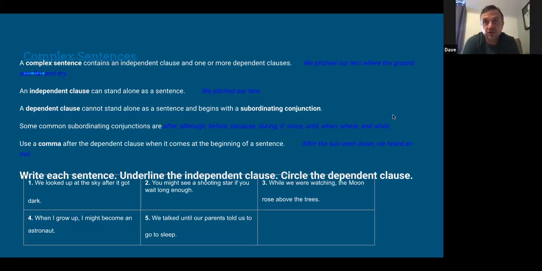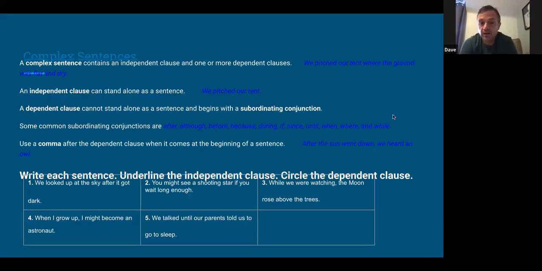Now, number 3 starts with the dependent clause. While we were watching, has its comma, the moon rose above the trees. Number 4 also starts with a dependent clause. When I grow up, comma, and then I might become an astronaut.